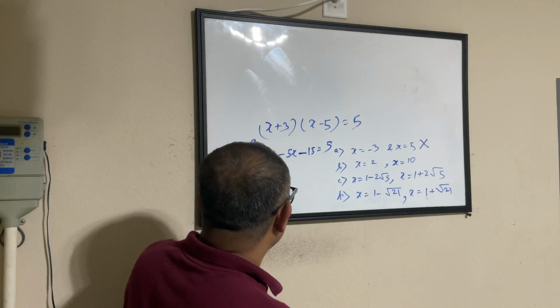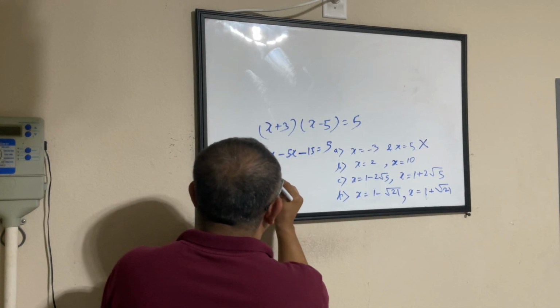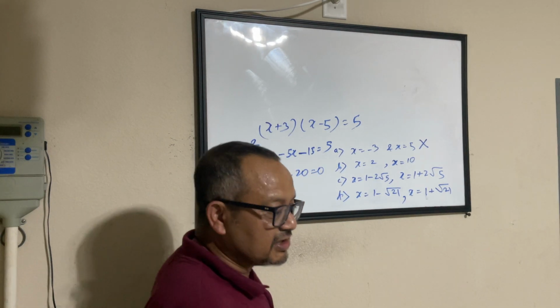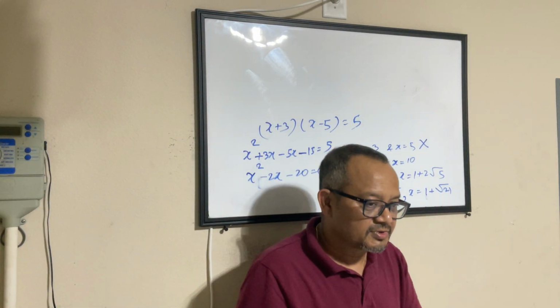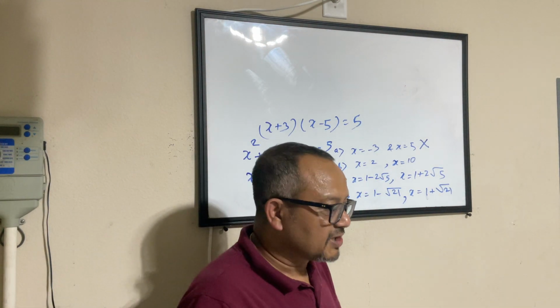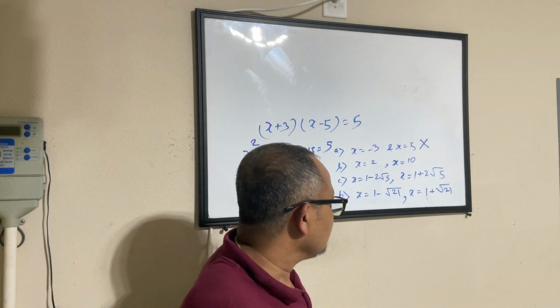So what I'm going to have is x squared minus 2x minus 20 equal to 0. This is the quadratic equation that it will translate to. Okay. So if I have to solve this one, the best option we have is the quadratic formula.